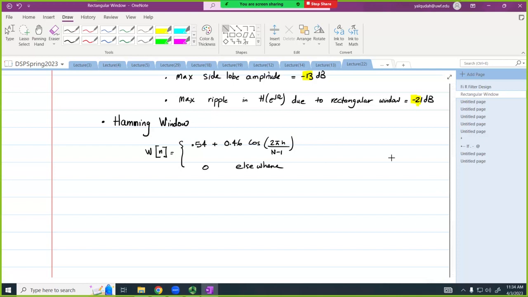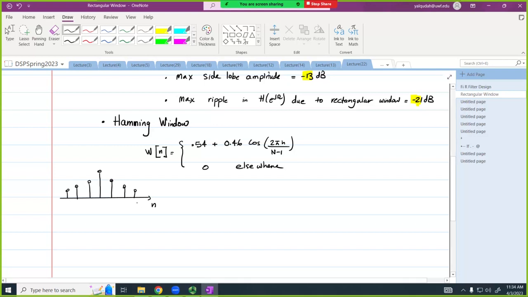And this is going to look something like this, the window itself. Again, we're going to run MATLAB and show you how these windows look. But unlike the rectangular window, which is constant, this has this shape.